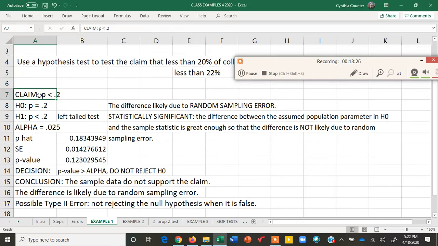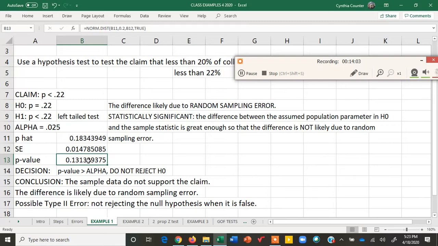So let me put that in here. We're going to change it now to less than 0.22, so now each of these has to become 0.22. Well, our p-hat's not going to change because that had nothing to do with the 0.22, but our standard error will change, because now we need to compute the standard error under the assumption that the population parameter is 0.22. So the middle of the curve is 0.22.